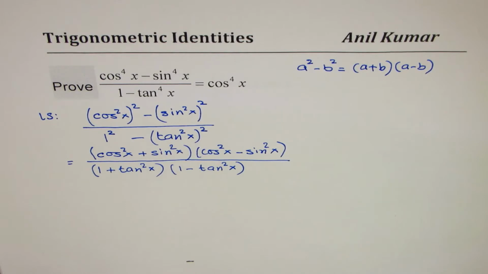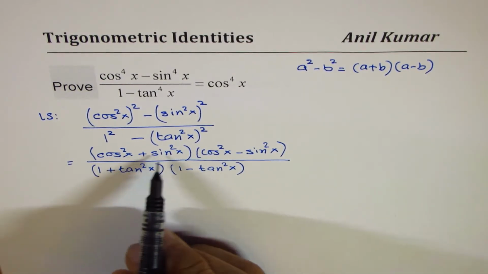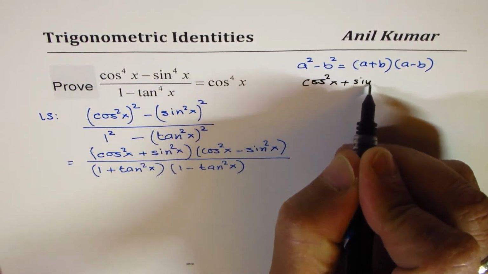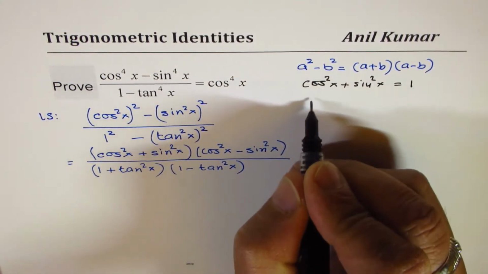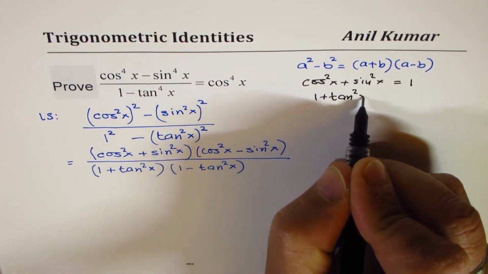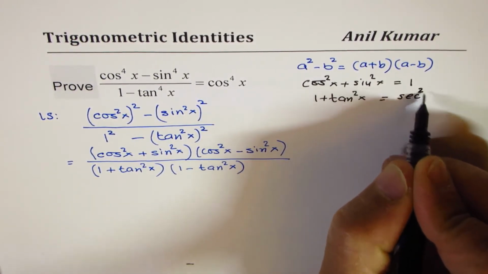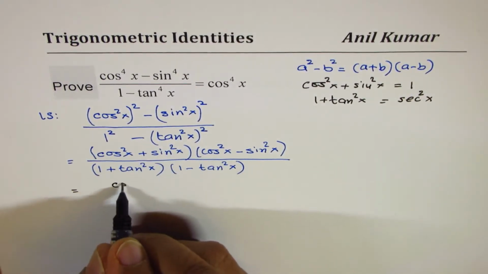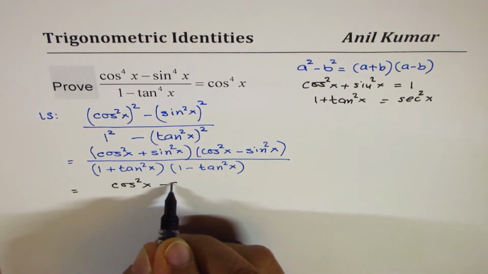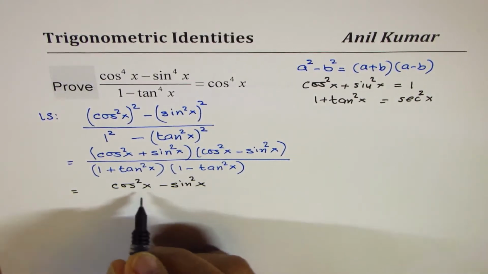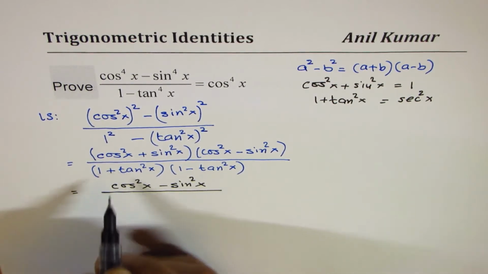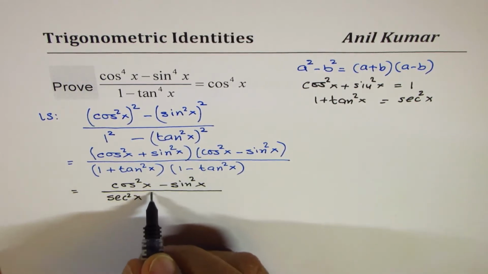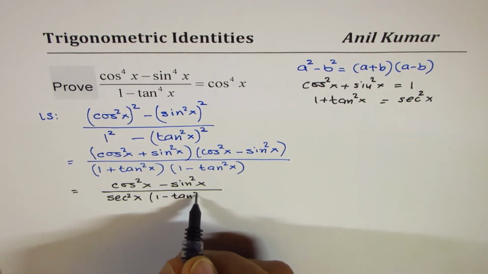Now you remember two identities which are trig Pythagorean identities, which are cos square x plus sine square x is equal to 1 and 1 plus tan square x is equal to secant square x. So we'll use these. So this is 1. We are left with cos square x minus sine square x in the numerator, and in the denominator we get secant square x for 1 plus tan square x and 1 minus tan square x.